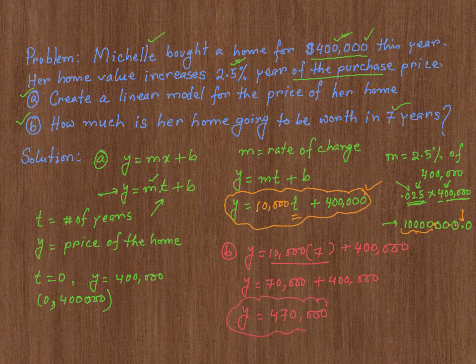So the price of the home after 7 years is going to be 470,000. It appreciated by $70,000.